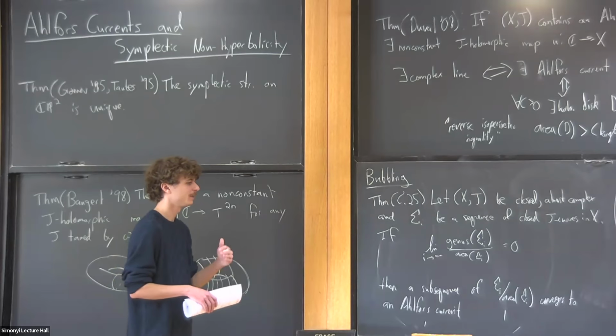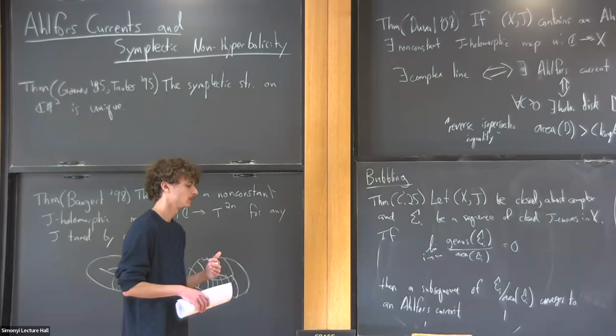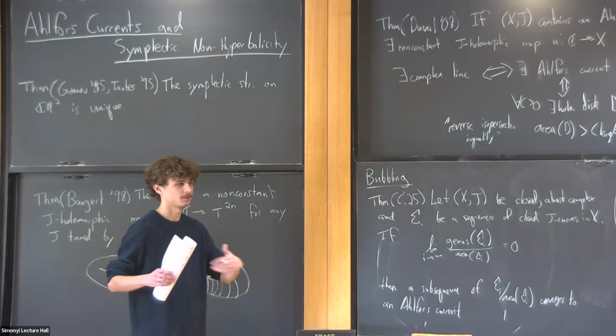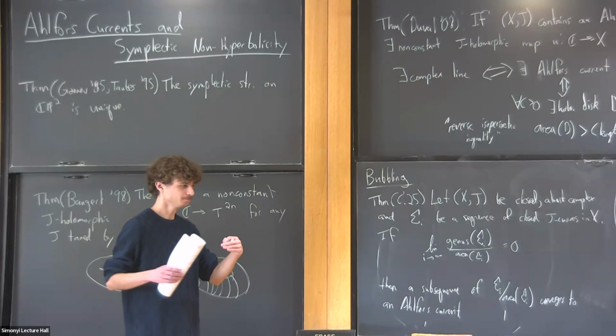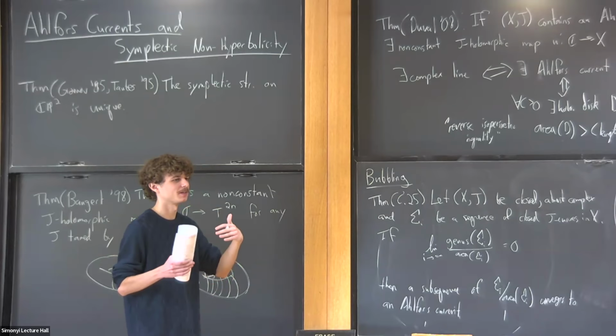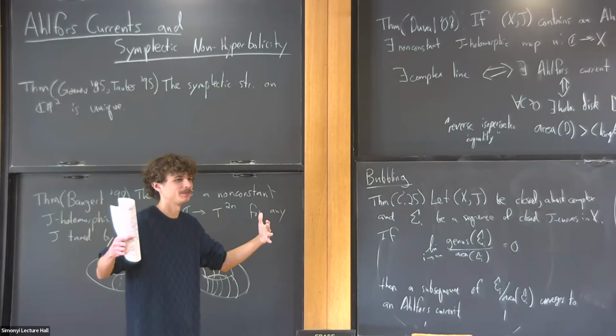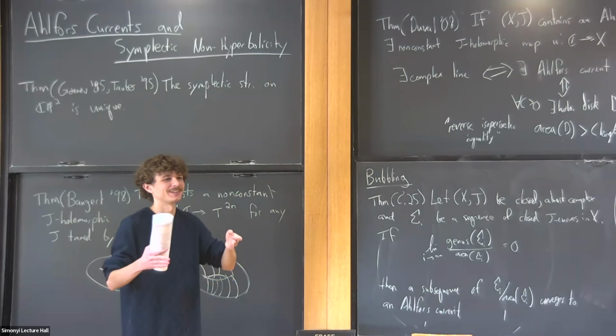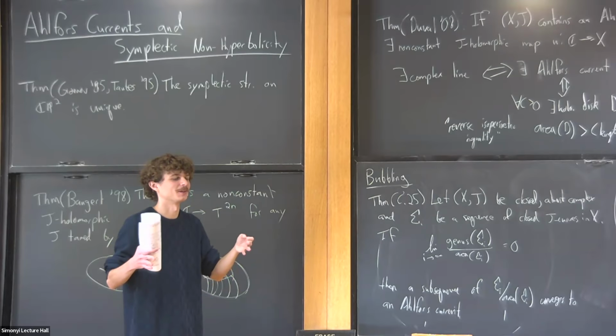The idea being, if you're in a four-manifold and you have some curve, you think of it as a divisor. Then the intersection number of an Ahlfors current with the divisor is something like the asymptotic intersection number of the holomorphic line and this divisor, which is like the asymptotic number of zeros of some analytic function.